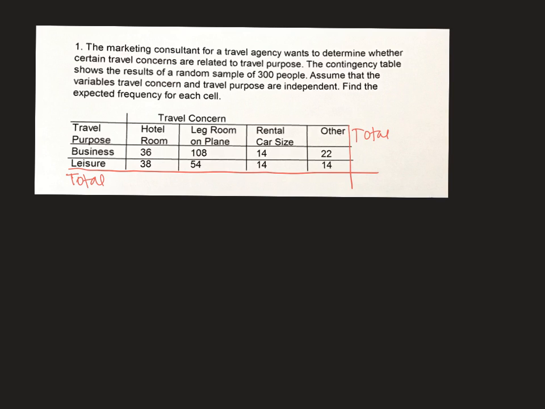So hotel room is going to be a total of 74. Legroom on a plane, 162. Rental car size, 28. And then other, 36.